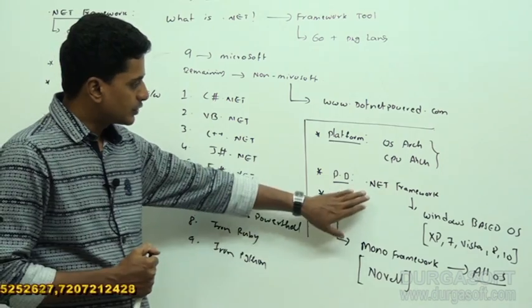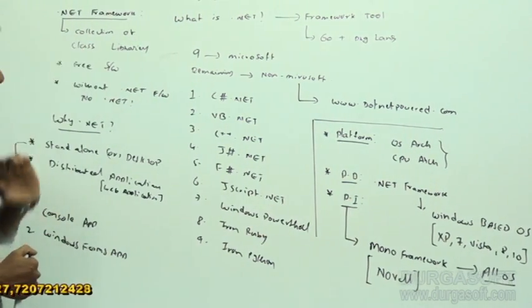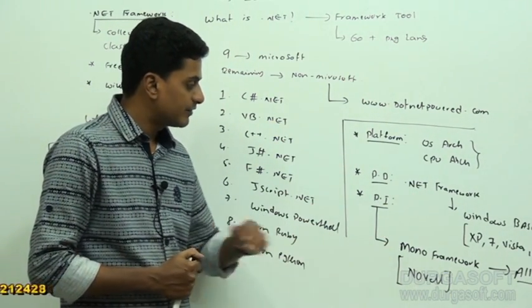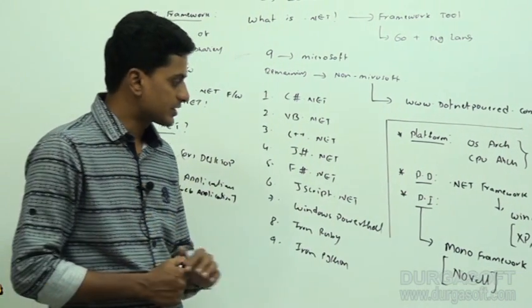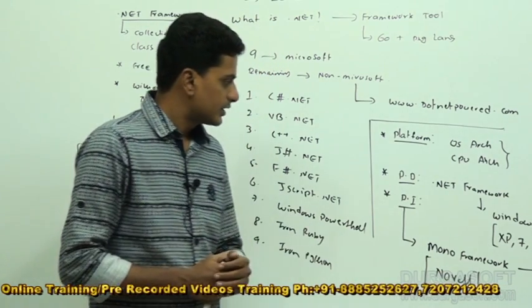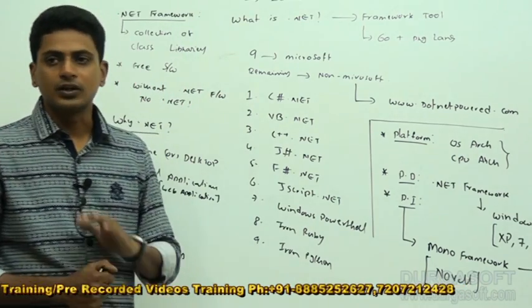Then the thing is, .NET framework is free software which is developed by Microsoft. So freely it is available. Whereas Mono framework is not free software, it is licensed software. You should purchase it from a third-party company, that is Novell. So that's why most people make their applications platform dependent using .NET framework.